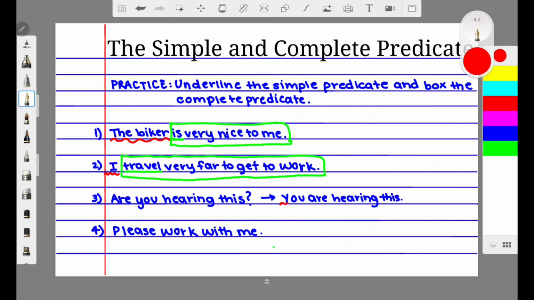So you is the subject, and our hearing is a verb phrase, so that's going to be included in the simple predicate because are is a helping verb. Make sure to go rewatch the verbs video to get a full list of all of the helping verbs. And are hearing this is the complete predicate.